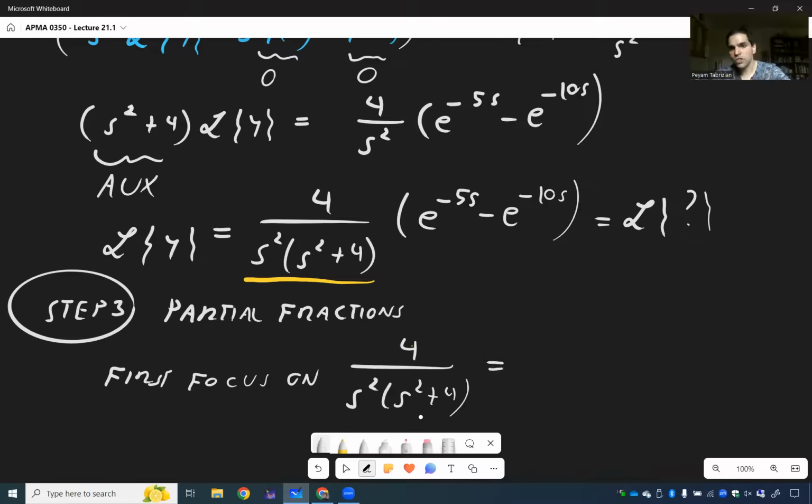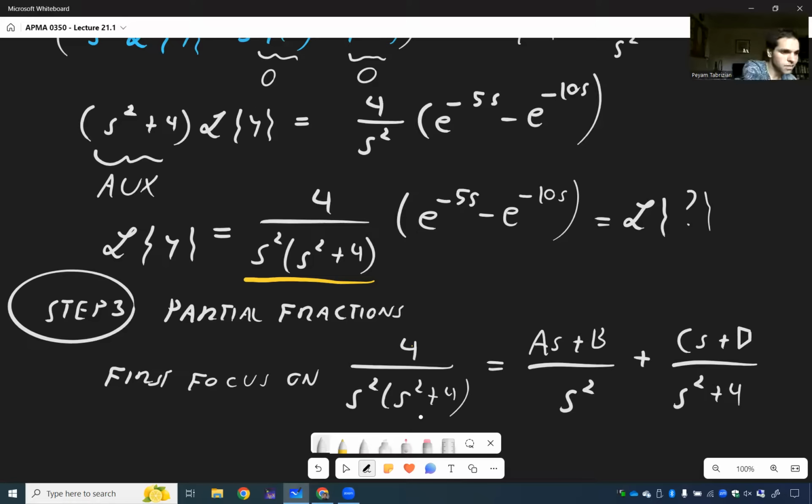Again, we want to partially fractionate this. So this is something over s squared, something over s squared plus 4. s squared has degree 2, so you have to guess something of degree 1: as plus b. s squared plus 4 has degree 2, so you have to guess something of degree 1: cs plus d.